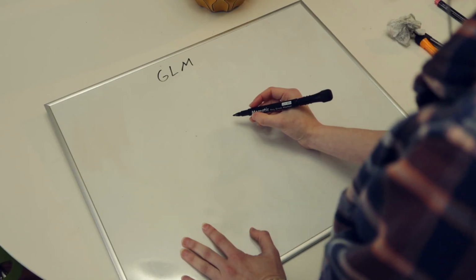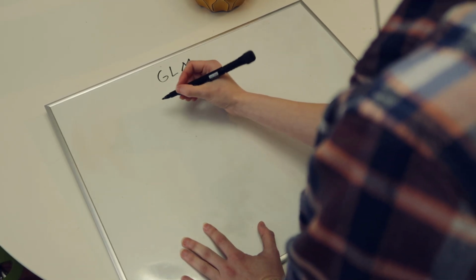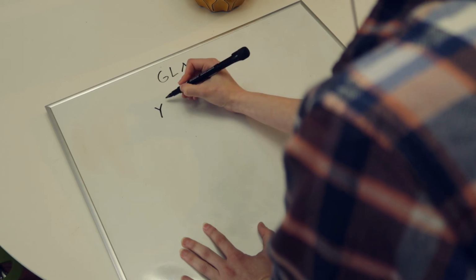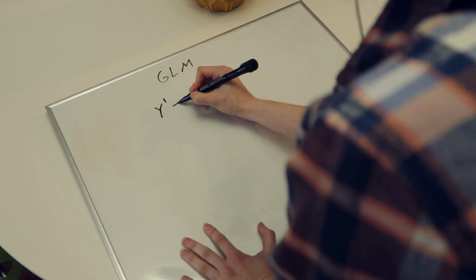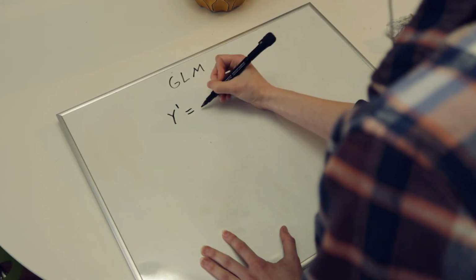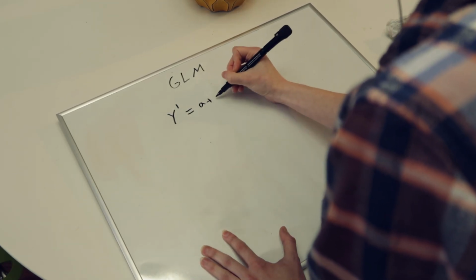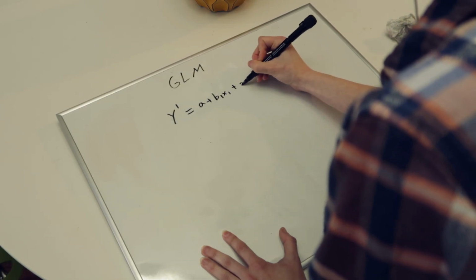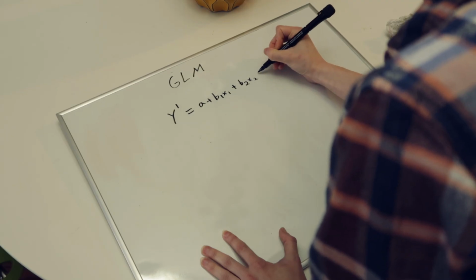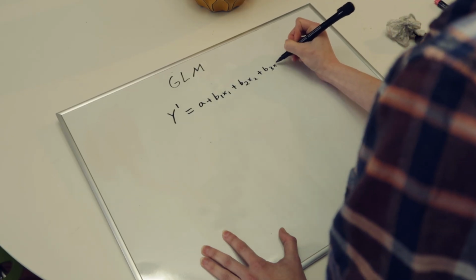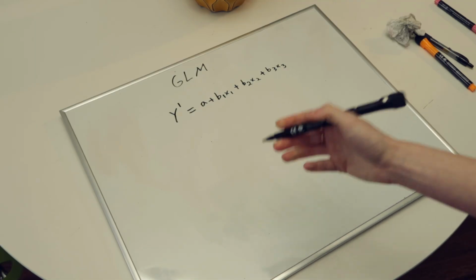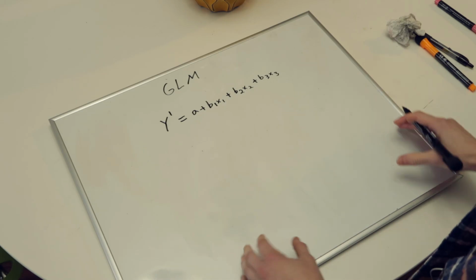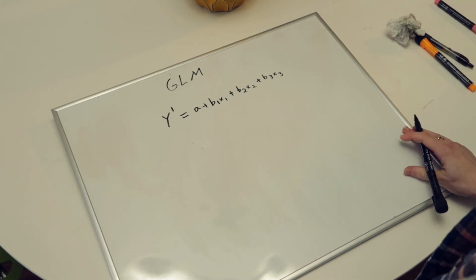And that formula is equal to A plus B1x1 plus B2x2 plus B3x3. Say we have 3 independent variables and we were wanting to look at those effects.